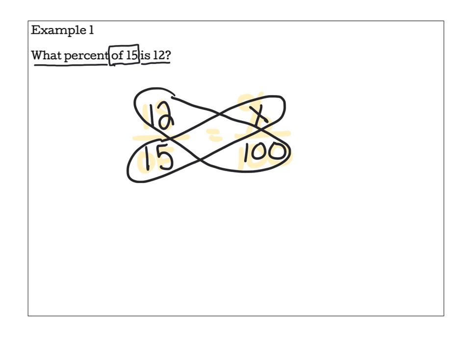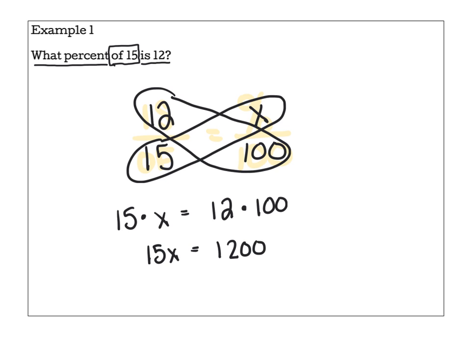To set this up, I'm going to write 15 times X equals 12 times 100. On the left-hand side is just 15x equals, well, 12 times 100 is 1,200.